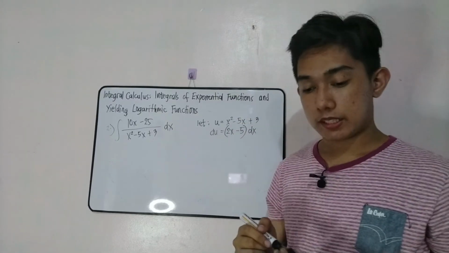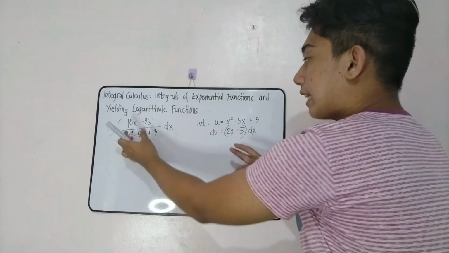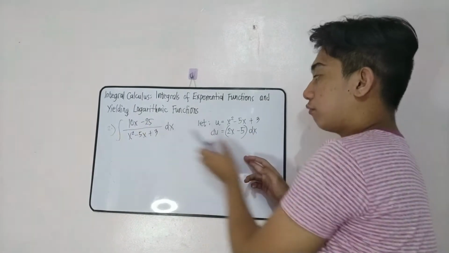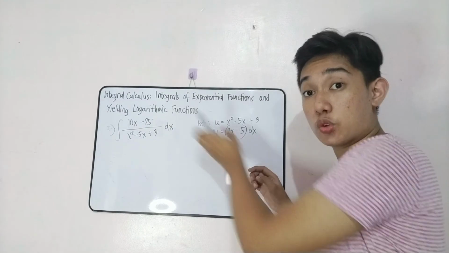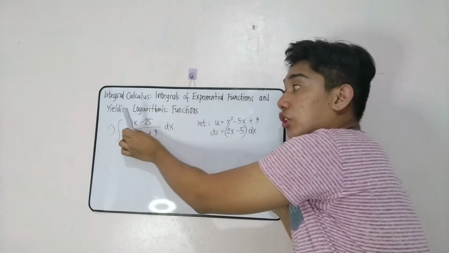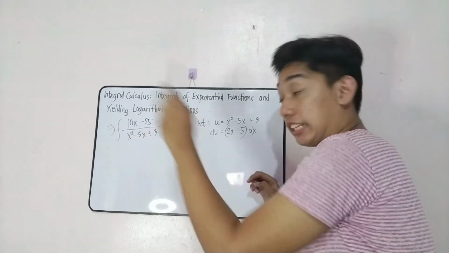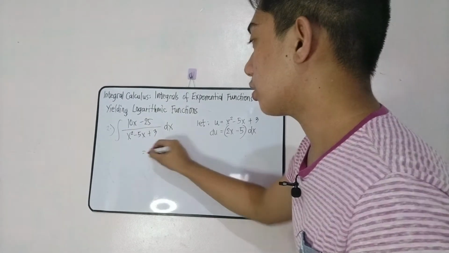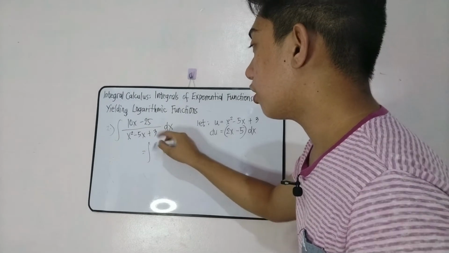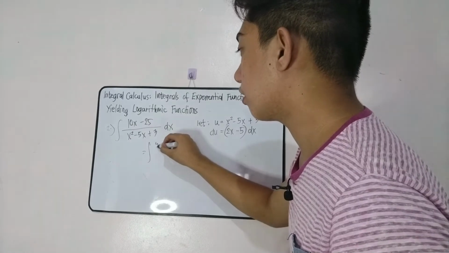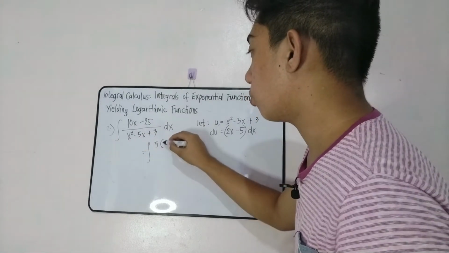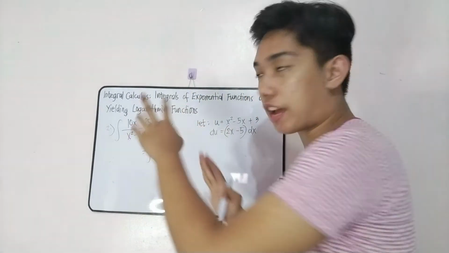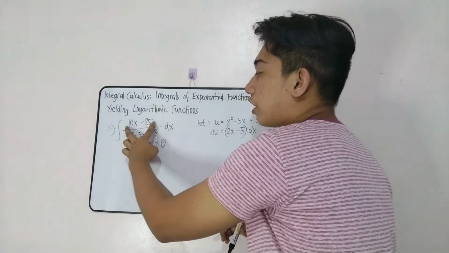Okay? So, kung mapapansin natin dito, can we arrive to 2x minus 5 here? So, pwede. Kasi, ipa-factor out natin yung 5 dito later on. The common factor of these terms is 5.